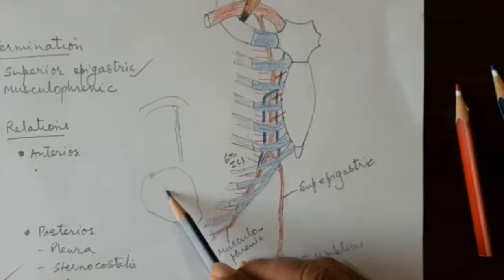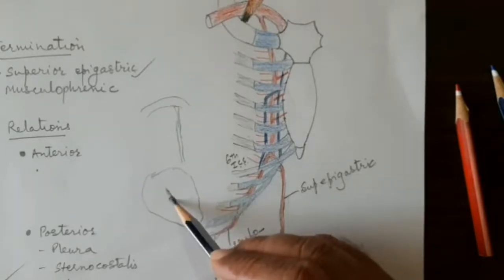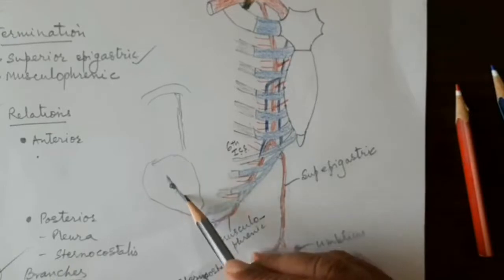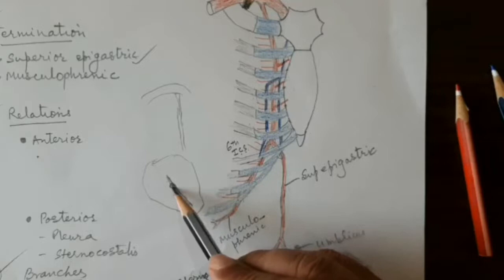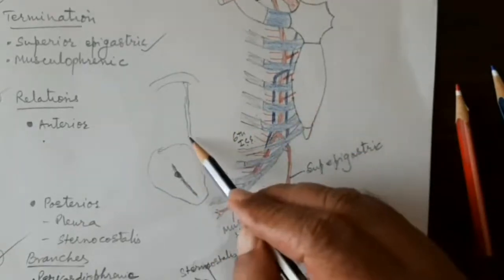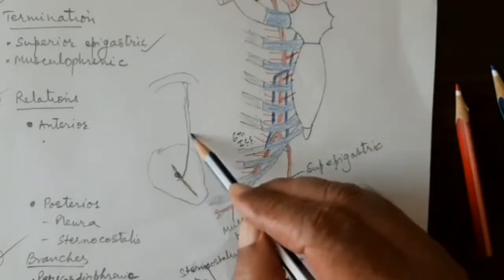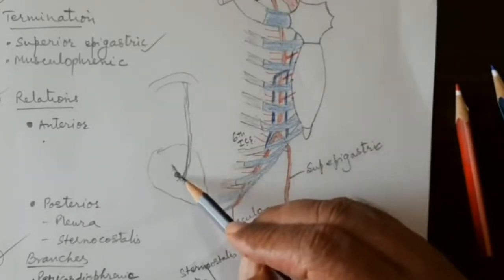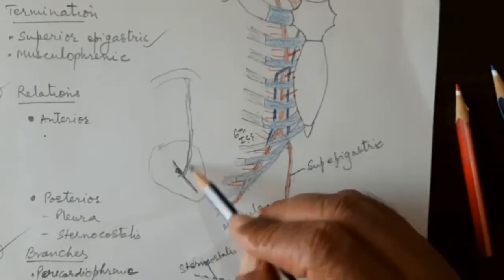If there is a blockage in a coronary artery, the blood will not pass, or only a little blood will pass distal to this blockage. So the internal thoracic artery is cut and brought and anastomosed with the coronary artery distal to the blockage.